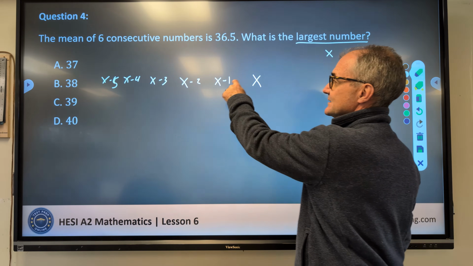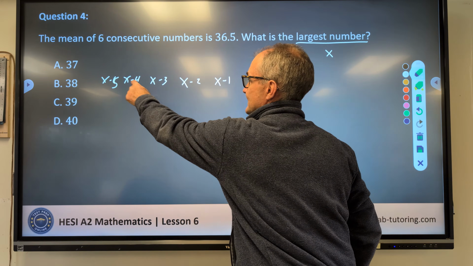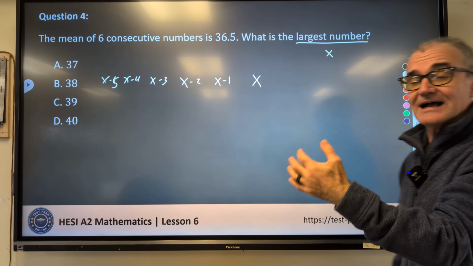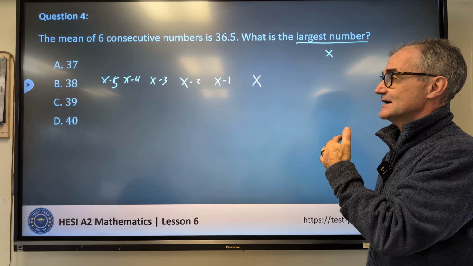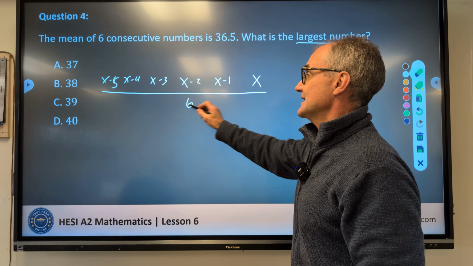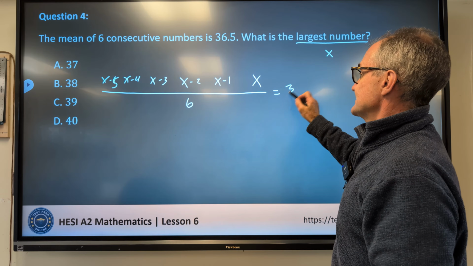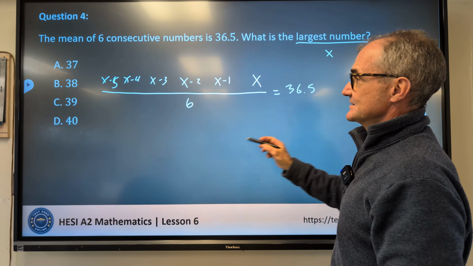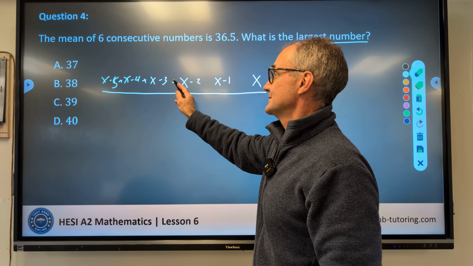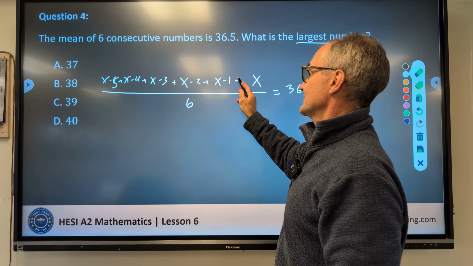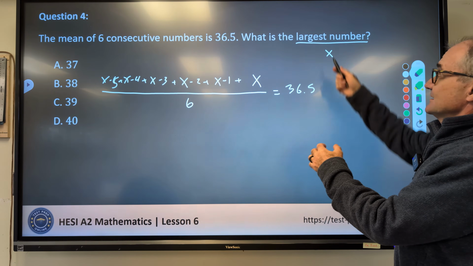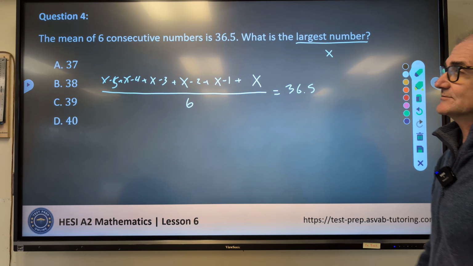So here's 1, 2, 3, 4, 5, 6 consecutive numbers. If I add those 6 consecutive numbers up, divide by 6, then the average will be 36.5. So I got to add this number, plus that number, plus all those numbers. When I solve for x here, it'll be my largest number, and that's what we're looking for.